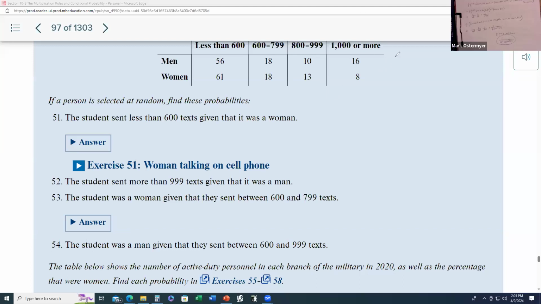So, you know what would help a lot is if you had some total rows and columns here. Whenever you have these frequency tables, you might want to total up your rows and columns.